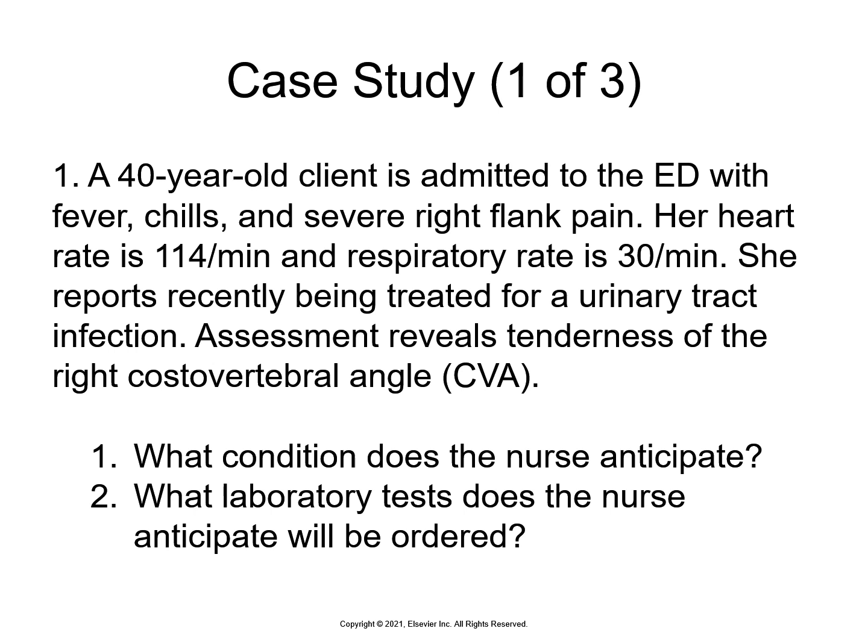Okay, case study. A 40-year-old client is admitted to the ED with fever, chills, and severe right flank pain. Her heart rate is 114 and the respiratory rate is 30. She reports recently being treated for a UTI.